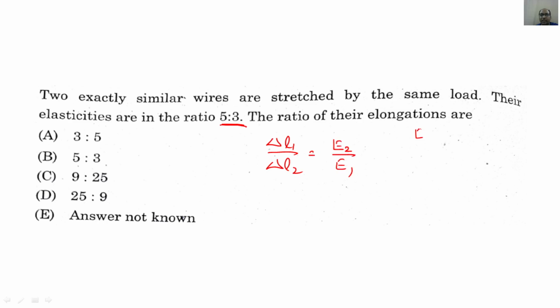Whereas we are given E1 by E2 as 5 by 3, so E2 by E1 will become 3 by 5. So our answer will be this one, A. A will be our answer. So please have a look at all those steps, how delta L1 by delta L2 is equal to E2 by E1 came, stress, strain, modulus of elasticity, everything I have explained there. Let us go to the next question.